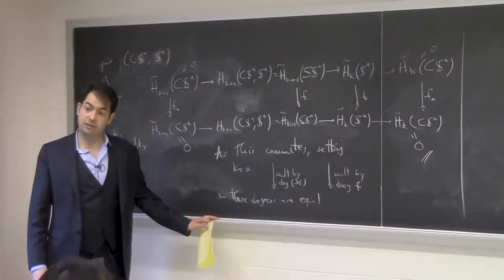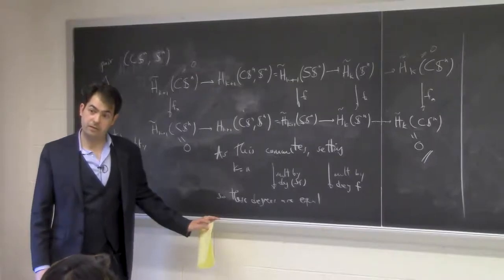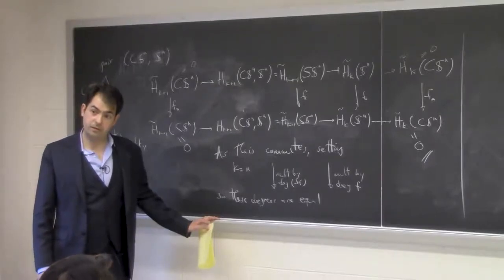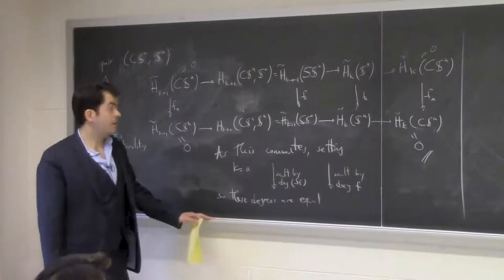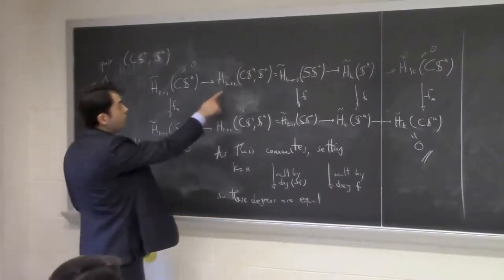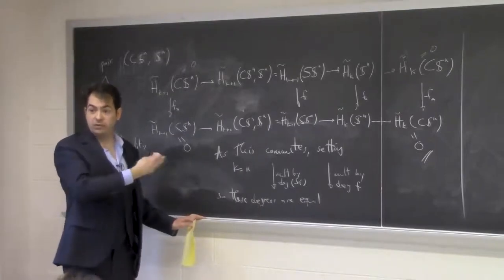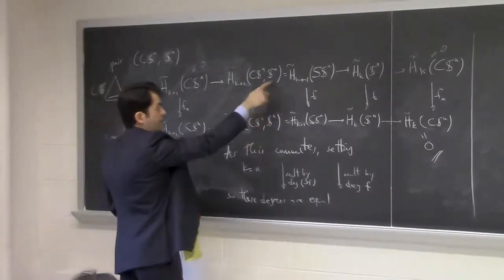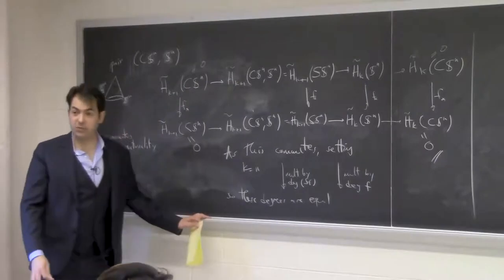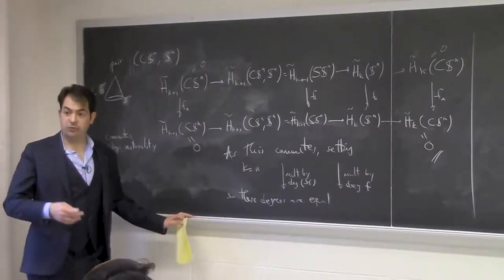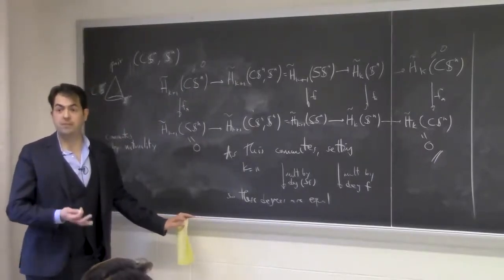Yes? I'm still confused about the introduction of the reduced homology some places, but not every place. Well, these are relative groups. You can put reduced or not, and it's the same, right? So relative groups, whenever the subspace is not empty, there's no difference between reduced or unreduced, right?